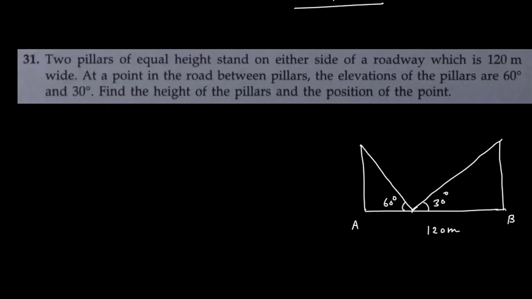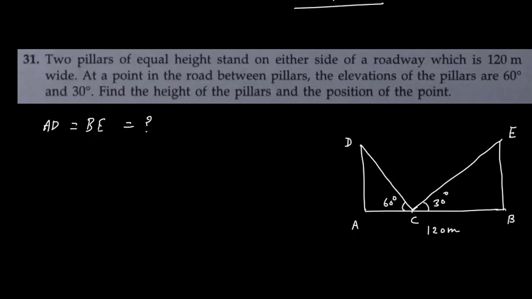Now it is asked what is the height of these two towers and the position from where I am looking. So this is point C. Say this is D and this is E. AB is given as 120 meter. I have to find what is AC and I have to find AD and BE. So this AD is equal to BE. This is the question mark, I have to find its value.